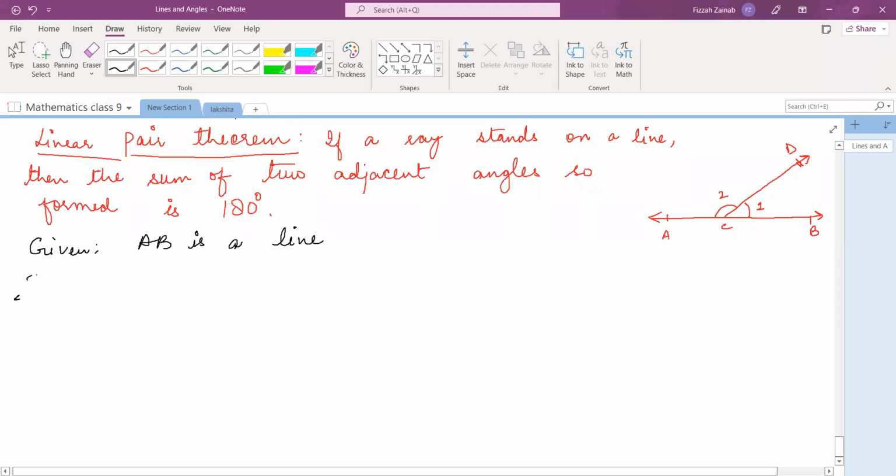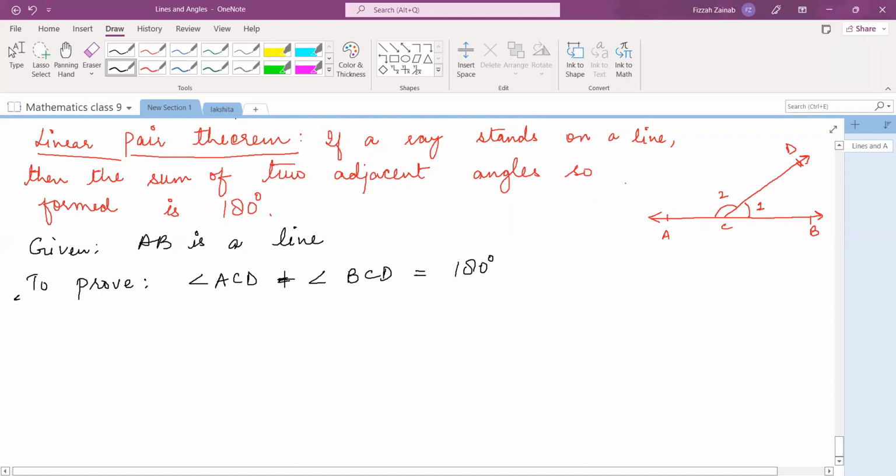And you have to prove that angle ACD plus angle BCD is equal to 180 degrees. That means angle 1 plus angle 2 is equal to 180 degrees. Is this clear? Okay.